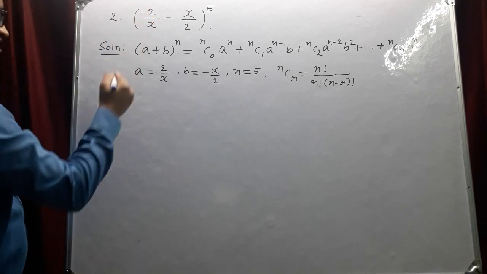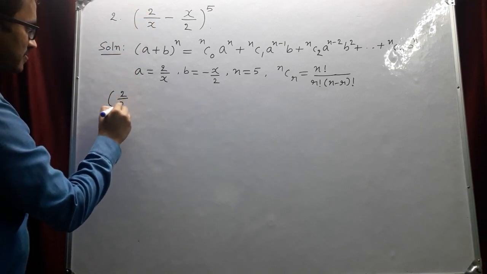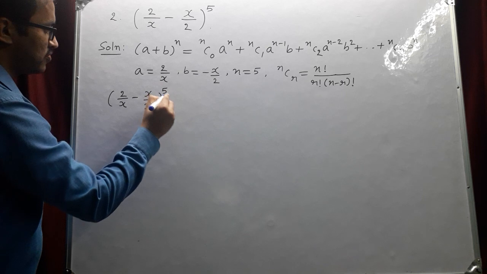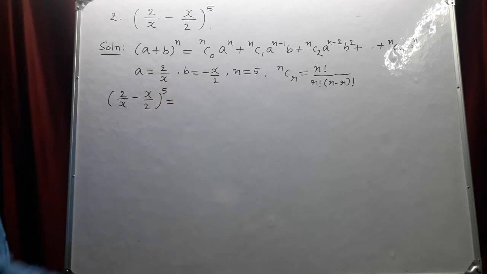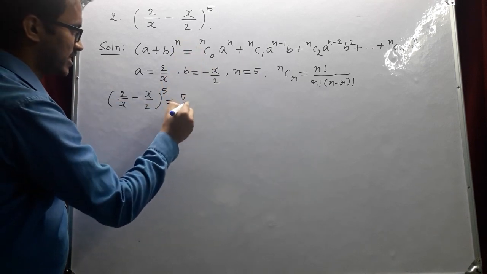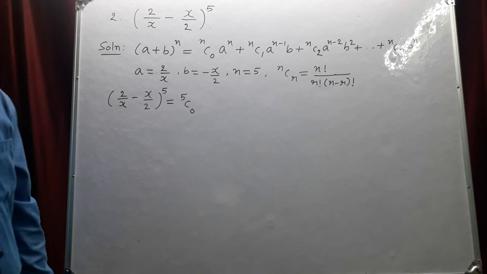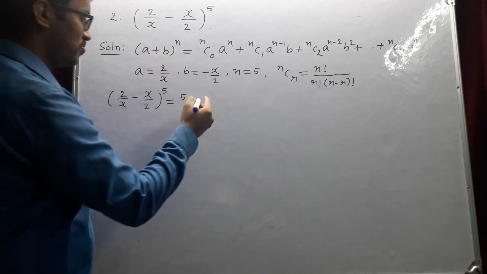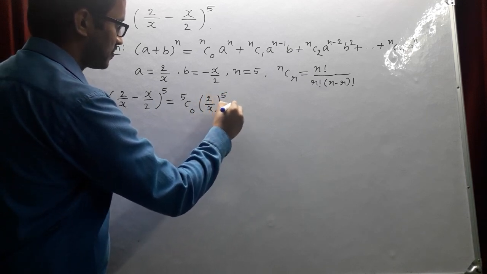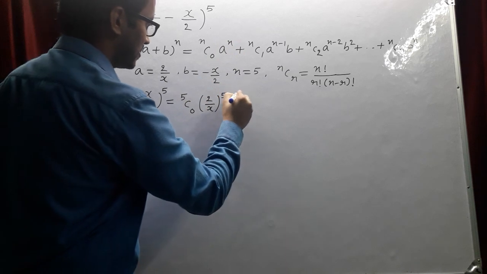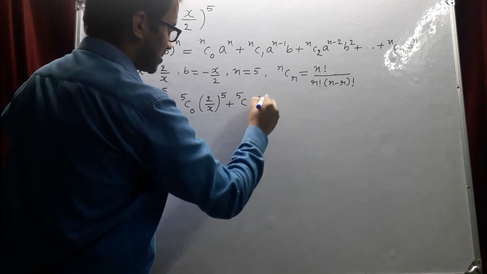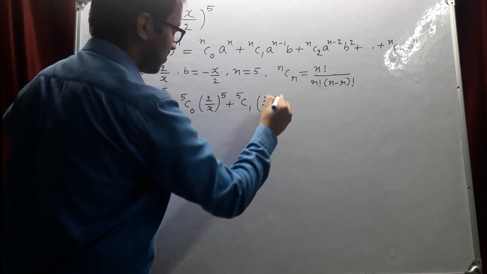So the expansion of this one, 2 by x minus x by 2 power 5, is equal to, in place of n we can take 5, so 5c0 a power n, where a value is 2 by x power 5, plus nc1 means 5c1, so next term 2 by x power 4.